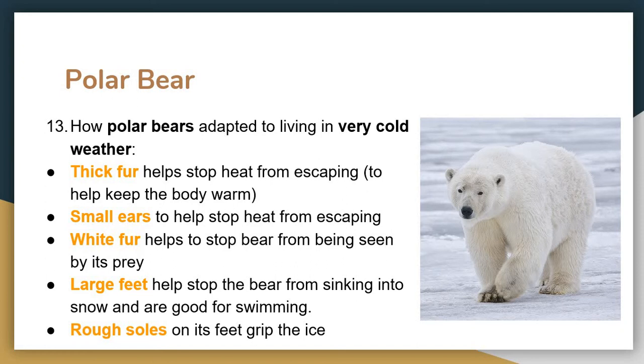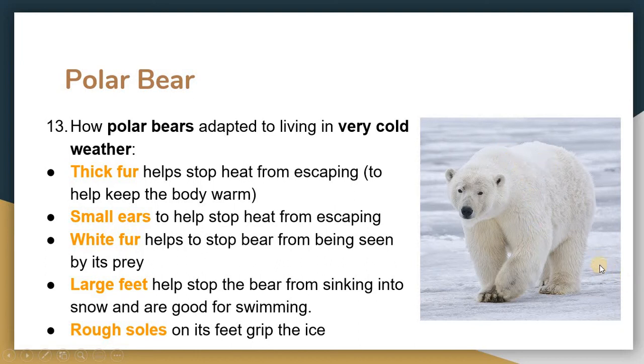So in order to help keep the body warm, to help it survive in such condition, it needs thick fur. And a polar bear has small ears to help stop heat from escaping, and it also has white fur, which helps to stop the bear from being seen by its prey.